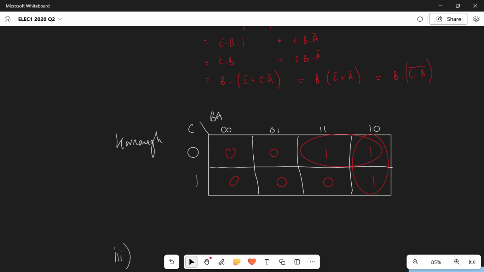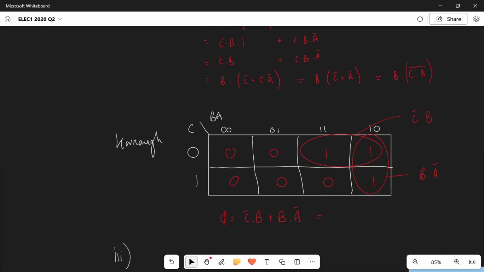Now that first 2, C doesn't matter, so it's just B and not A. And in the second group, it looks like A doesn't matter, so we're going to end up with not C and B. And therefore, Q is going to be not C and B, or B and not A.